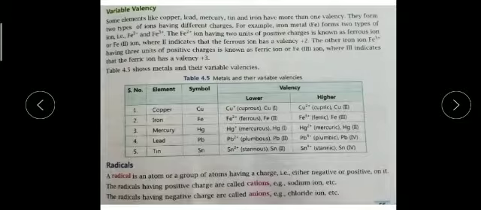So like this. Ions having 2 unit positive charge are called ferrous ion. Fe2+, underline this line. Fe2+ ion having 2 unit positive charge is called ferrous, and if they are having 3, Fe3+, they are called ferric ion.